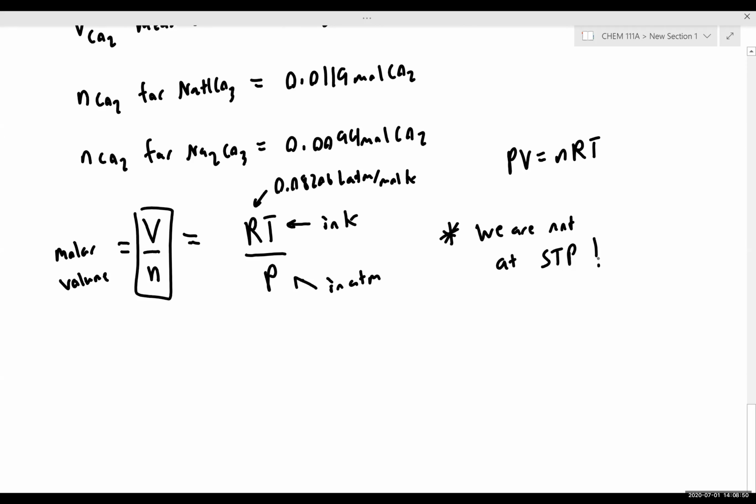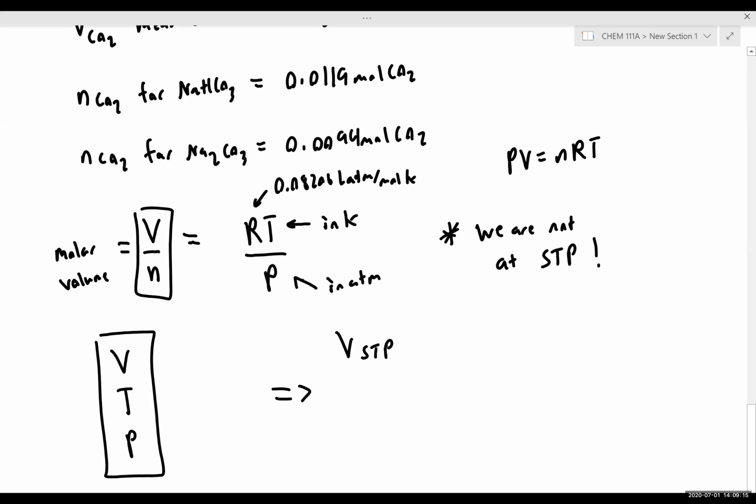So if we have our measured volume, temperature, and pressure, these are our experimental volume, temperature, and pressure, we need to convert our experimental volume into the volume at STP.